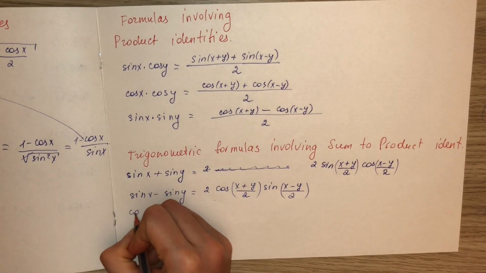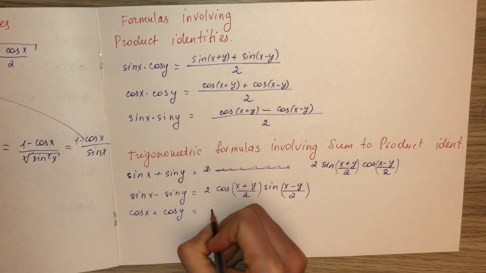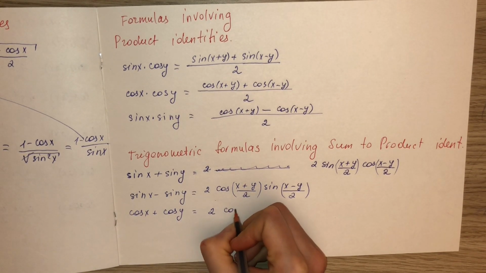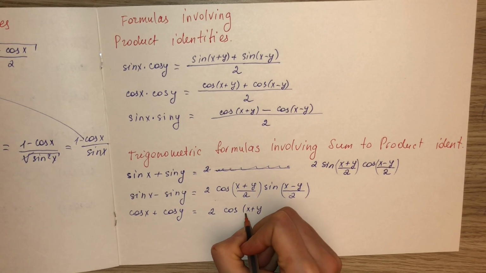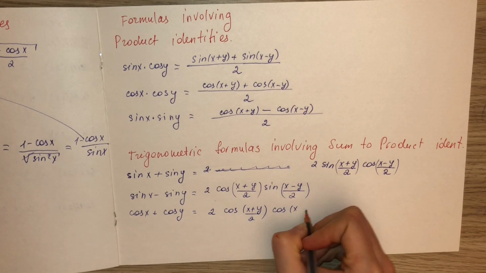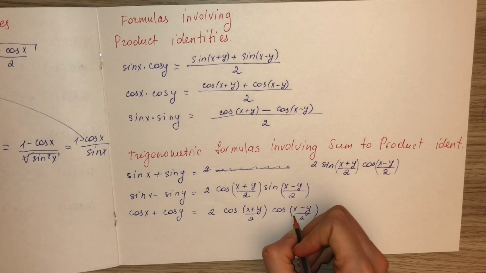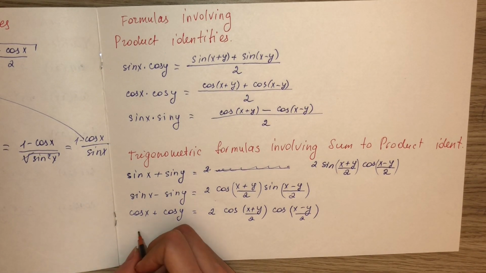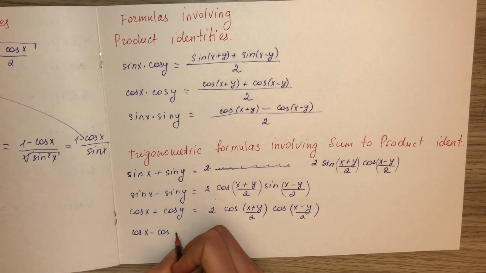Next, cosine x plus cosine y is equal to 2 times cosine x plus y over 2 and cosine x minus y over 2.